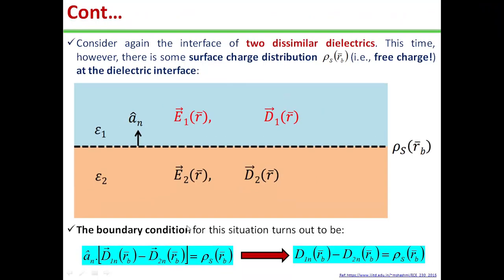So the boundary condition for this situation can be written as an dot (D1n(r) minus D2n(r)) will be equal to rho s from Gauss law, that is D1n(r) minus D2n(r) equals rho s(r).